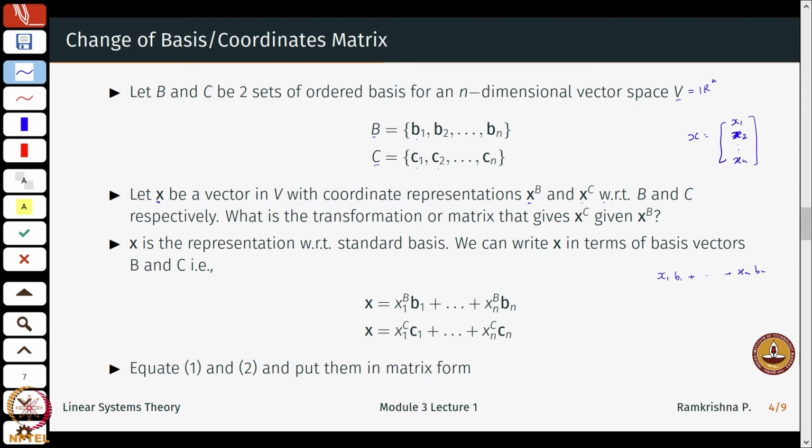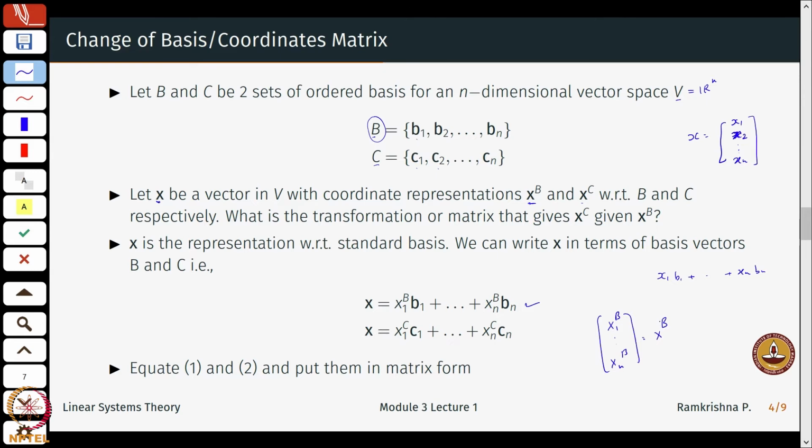Okay, what does that mean when I write it down explicitly? So, this vector x with xb as a coordinate representation with respect to the basis B can be written like this, right? x1b till xnb are the individual coordinates of xb.